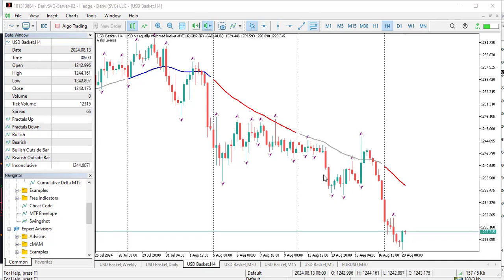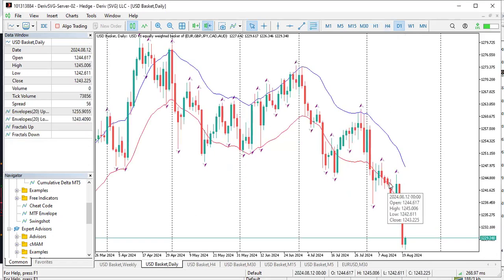However, for those of you who have been through the FXP course or who have watched the full swing shorts video, we use our envelope filter to usually tell us when our bias has become invalidated.